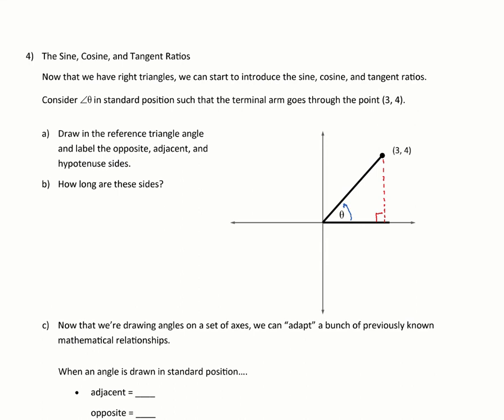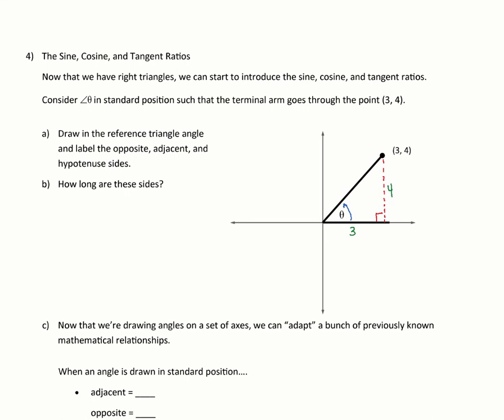So do we know any side lengths in this triangle? Well, we actually do, because if you think about how to graph the point 3, 4, we would start at the origin, go 3 this way, and then go up 4. So 3 in that direction, 4 in the up direction, gives us the side lengths of a right triangle.